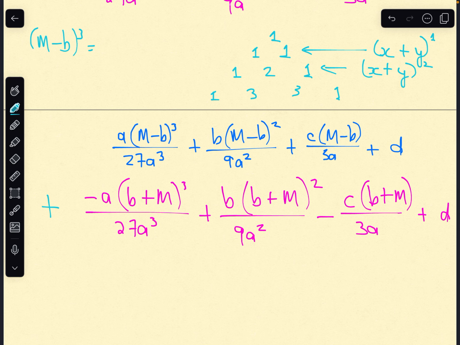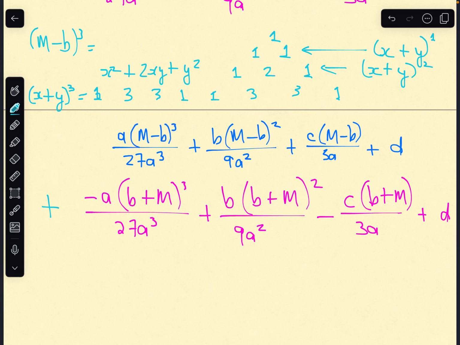And you know that when you expand (x plus y) squared, you get x squared plus 2xy plus y squared. So now what that means for us is when you expand (x plus y) cubed, you're going to have 1, 3, 3, 1.